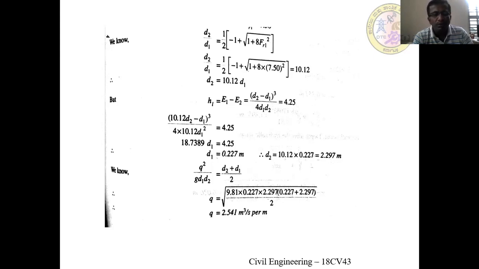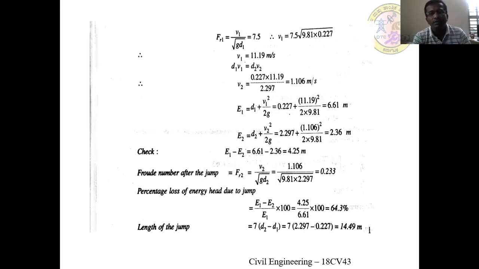So you know the equation, the relation between D1, D2 as well as q square by g D1 D2 equals (D2 plus D1) by 2. Substituting the values of D1 and D2, we find the value of small q, the discharge per unit width. It comes to 2.541 meter cube per second per meter.